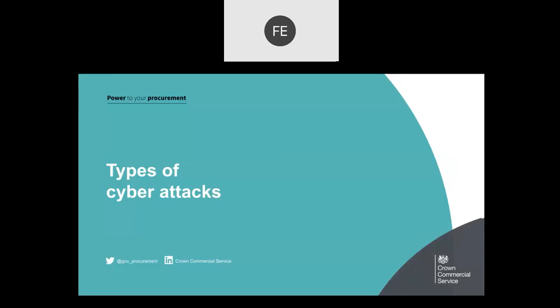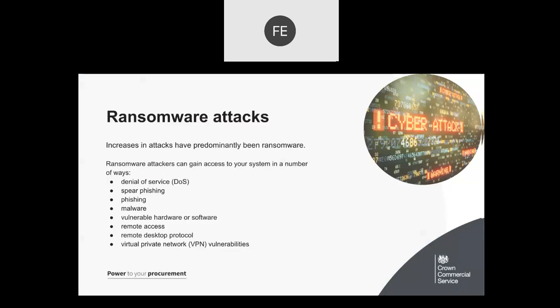So what are the types of cyber attacks? We have the very common ransomware attacks. This is where cyber criminals use malicious software to block access to computer systems and threaten to release the organisation's sensitive data unless the ransom is paid. The first reported ransomware attack was in the 1980s, but there has been an explosion in the growth of this in the last 3 years.